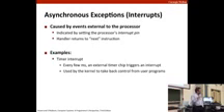Otherwise, a user program could just run forever in an infinite loop, and there'd be no way for the operating system to get control. So every few milliseconds, this timer goes off. That causes an exception into the kernel, and then the kernel can decide what to do. Maybe schedule a new process or let the current process run.